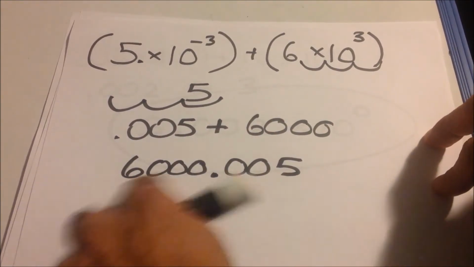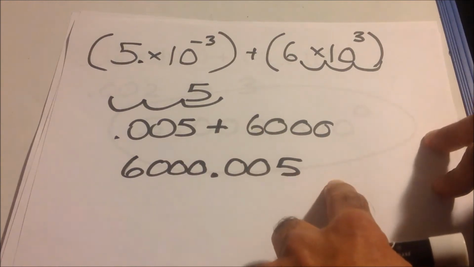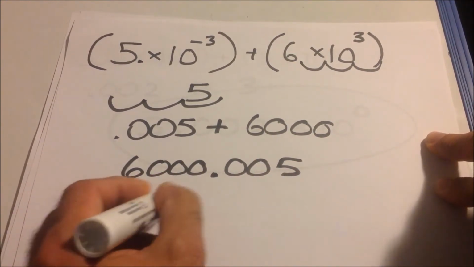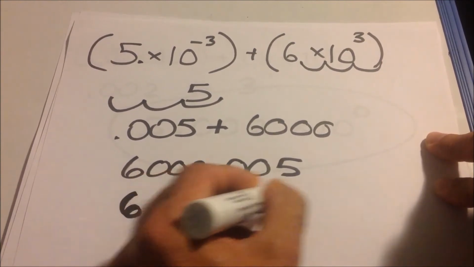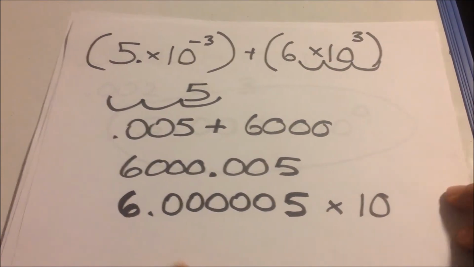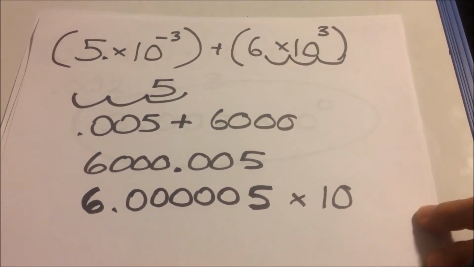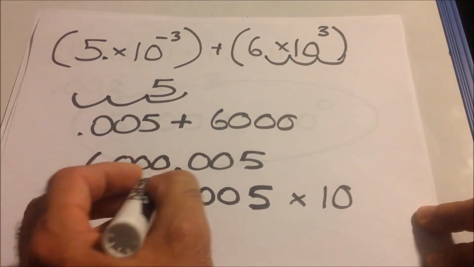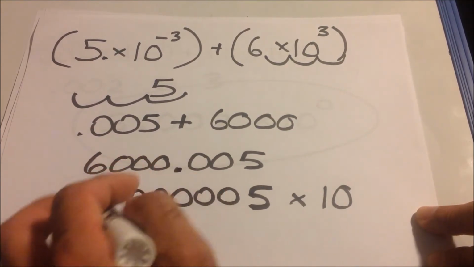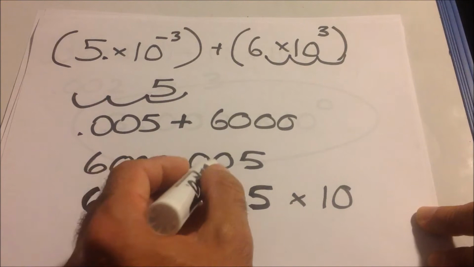Okay. Now this is not in scientific notation. Remember, after the first digit, we put the decimal for scientific notation. So what exponent do you think we should use? Again, if the decimal was here, we had to move it 3 times.